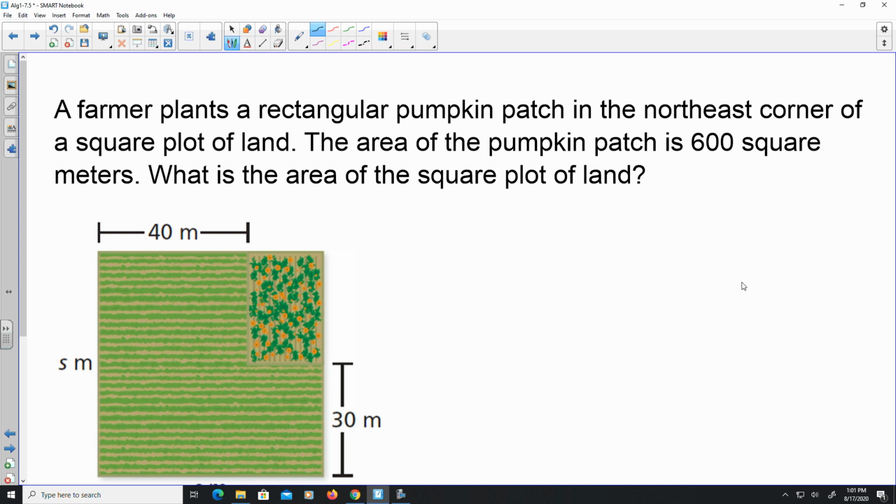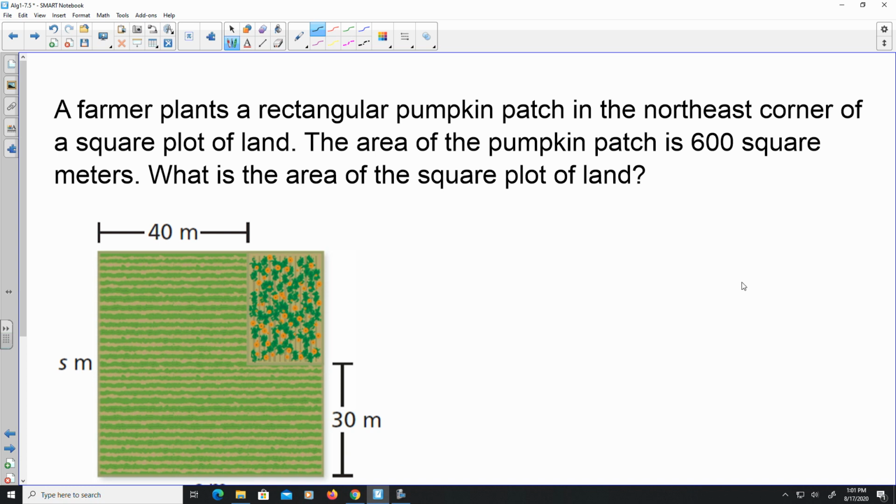So what they are saying, or what they're looking for, is they want you to find the area of the square plot of land.